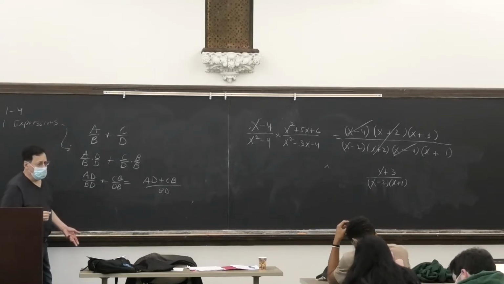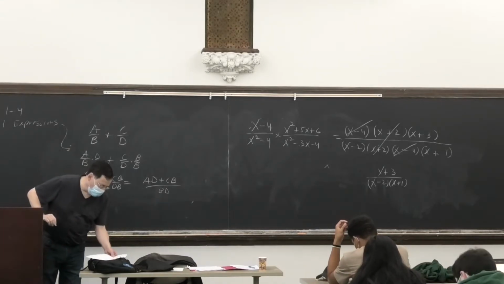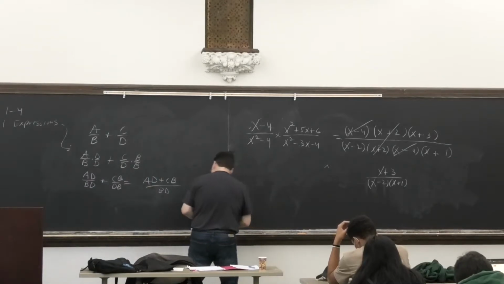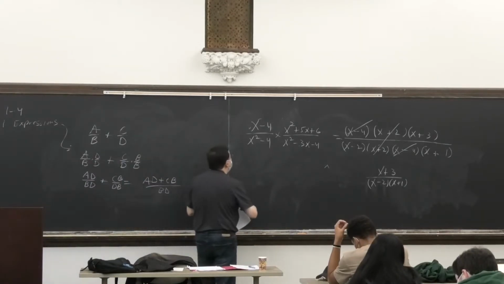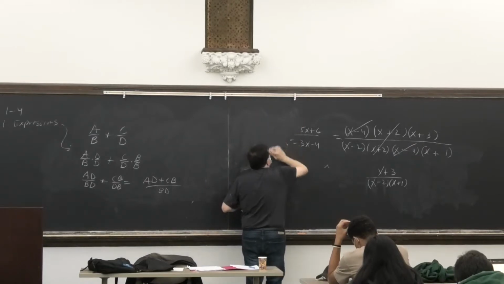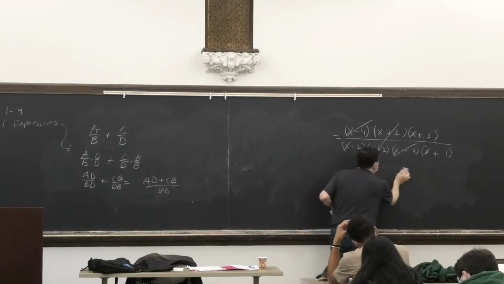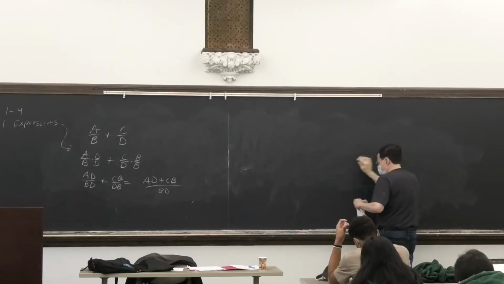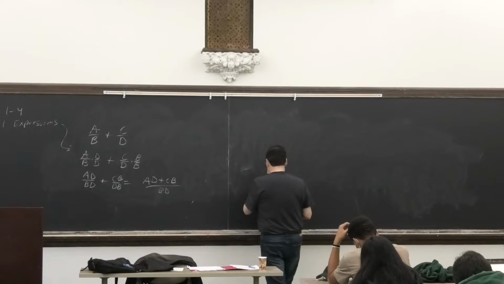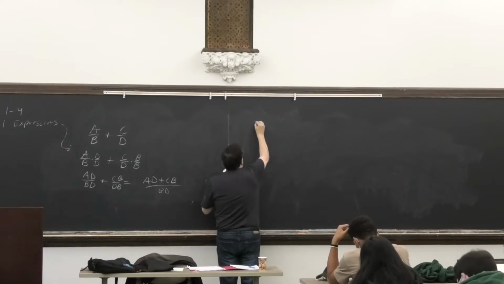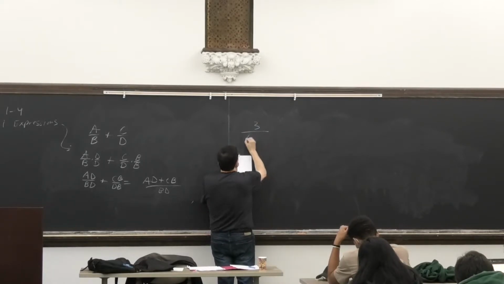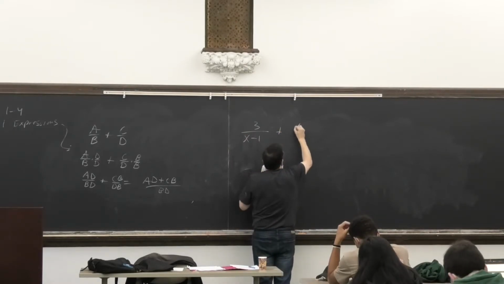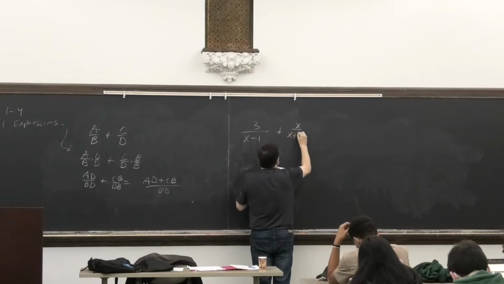Well, you can do the same thing with rational expressions. So, as an example, let's say 3 over x minus 1 plus x over x plus 2.